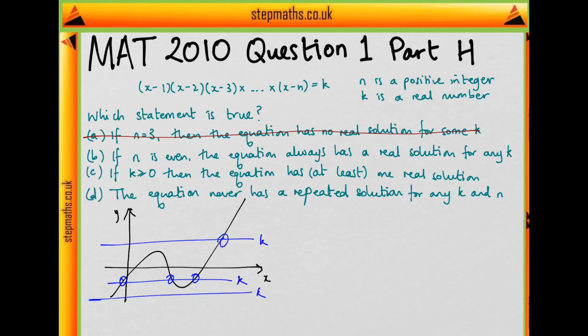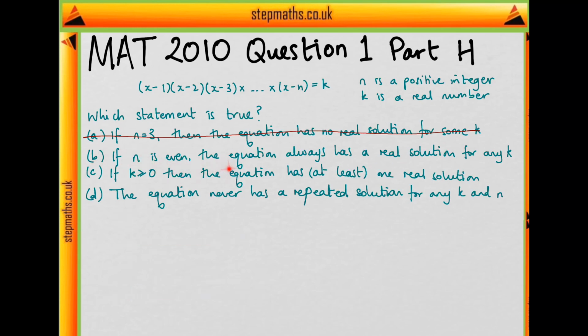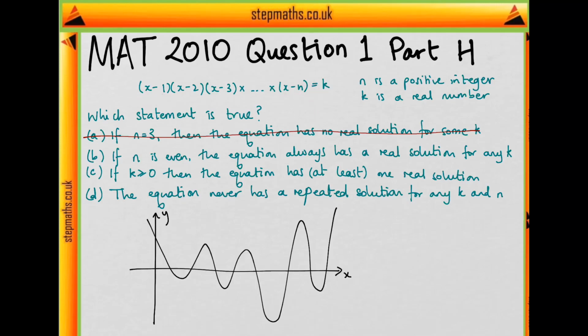Okay, now what about this second statement? If n is even, the equation always has a real solution for any k. Well, what's this going to look like when n is even? A bit like this. So when x is going to minus infinity, y is going to go to infinity. Then it'll squiggle a bit in the middle, and then when x goes to infinity, it's going to go off to infinity again.